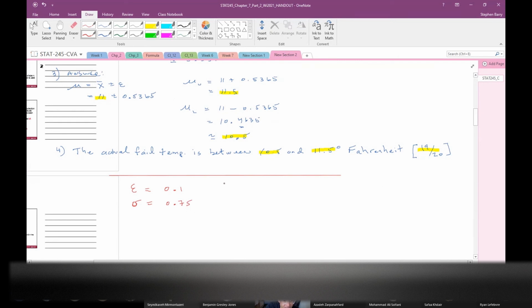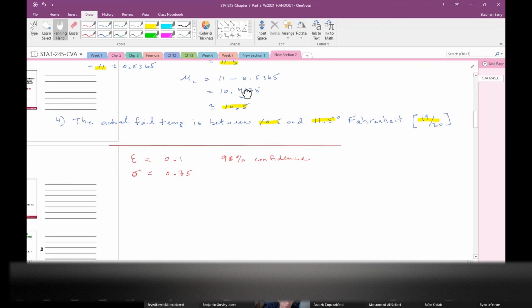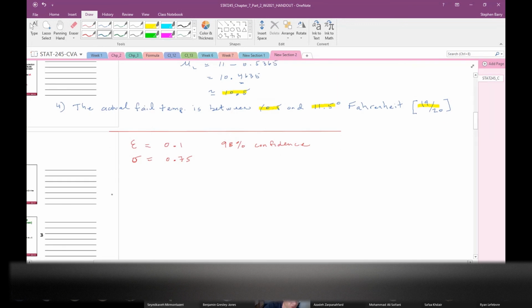Now the question is, let's use a new Z-score. Let's say we want to be 98% confident. On your quiz or on your test or in Pearson, the way it would be stated is this: what is the minimum sample size needed? Minimum and sample size is kind of the same.